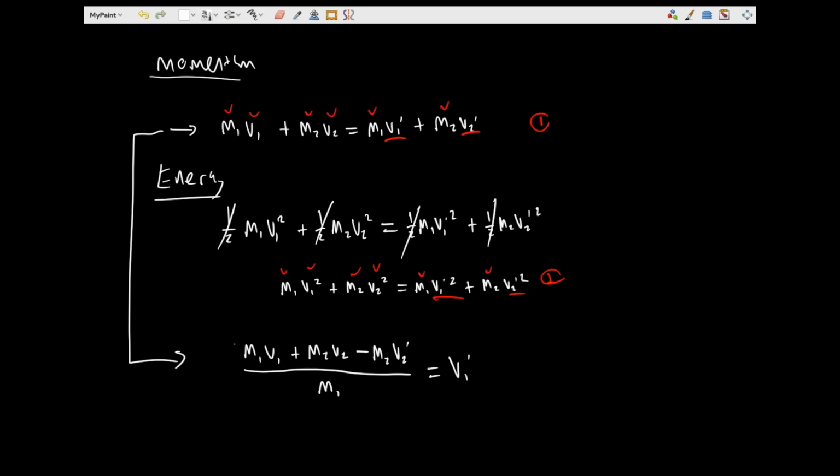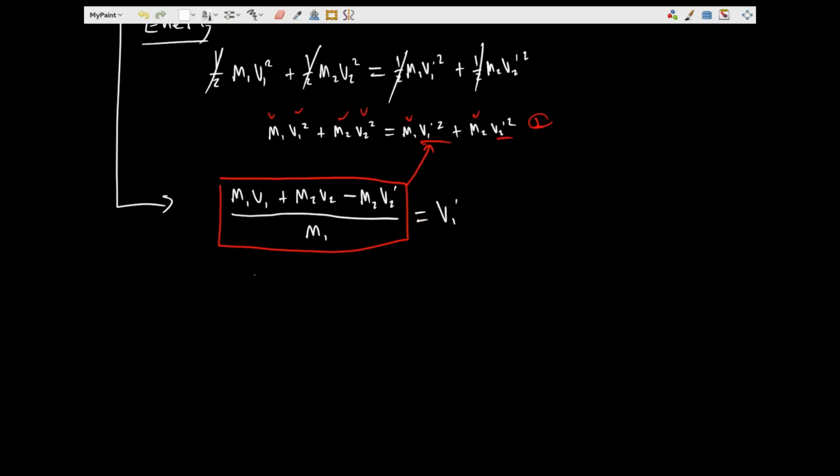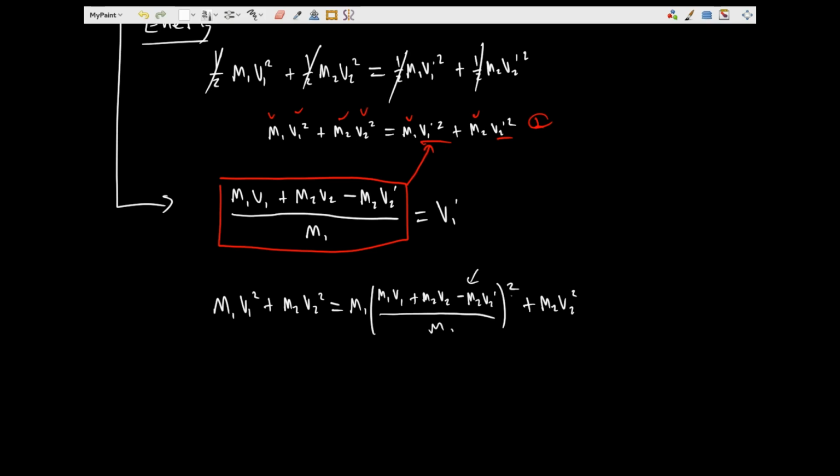So now we can plug this whole big equation here into here, and simply solve for v2 prime. We will find that we get a quadratic equation out of this. So let's continue with this. m1 v1 squared. I might just actually speed this up to the end, and then you can look at the pretty maths.